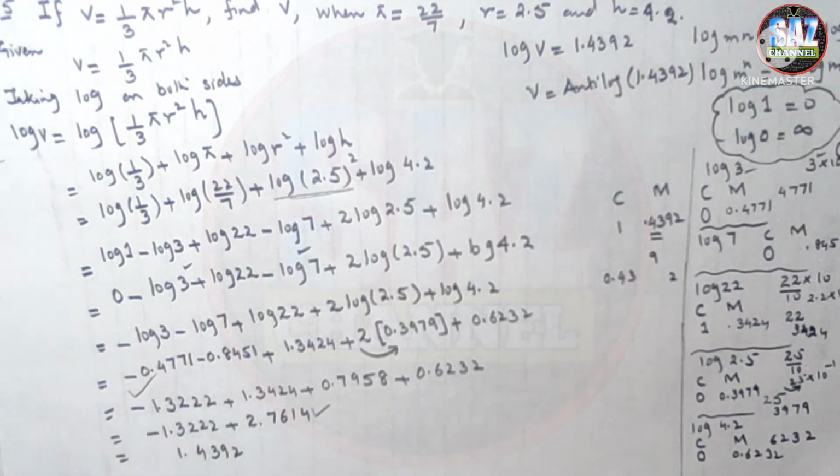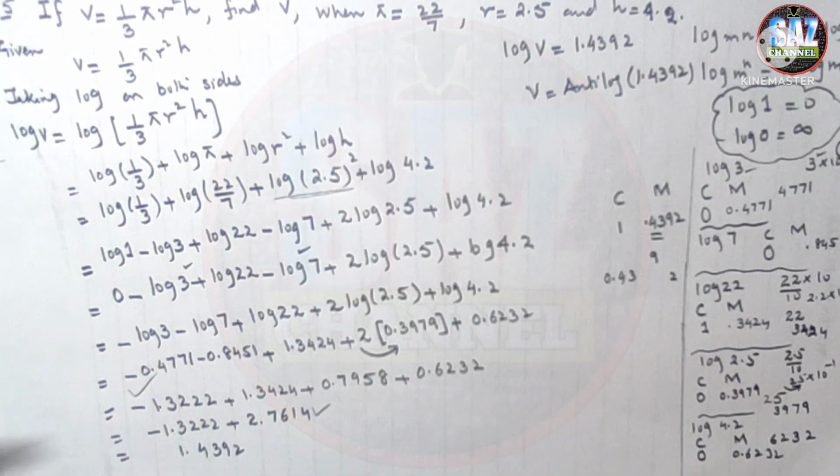So let me carry my book. Okay, 0.43 in the antilog table. I have to find the value carefully. This is 43 in the column of 9.